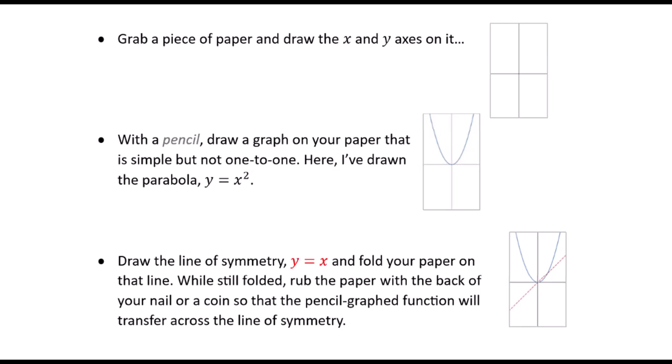With a pencil, draw a graph on your paper that's simple but not one-to-one. Here I've drawn the parabola y equals x squared. Now, go ahead and draw your line of symmetry, y equals x. When you're finished, fold your paper on that line. While still folded, rub the paper with the back of your nail or a coin so that the pencil graph function will transfer across that line of symmetry.